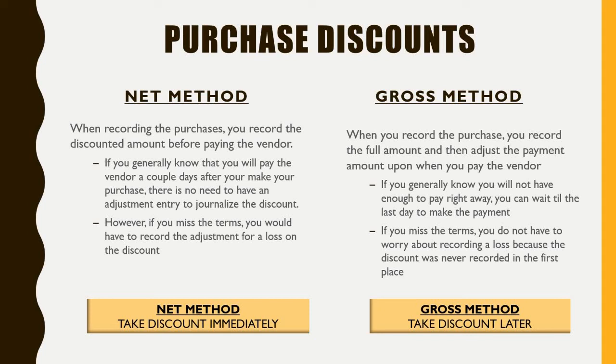So gross method might be an option if you're not very good at keeping track of your payments and you don't want to overspend. Then you wait until the day comes and then you pay, and then you record the discount afterwards. So again, net means you take the discount immediately. Gross, you take the discount later.